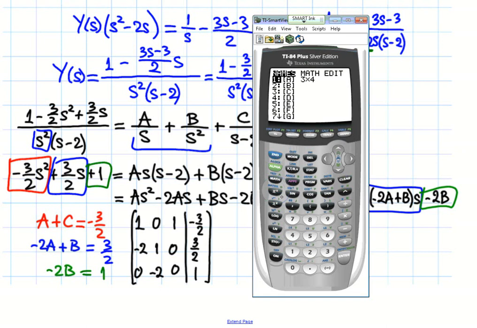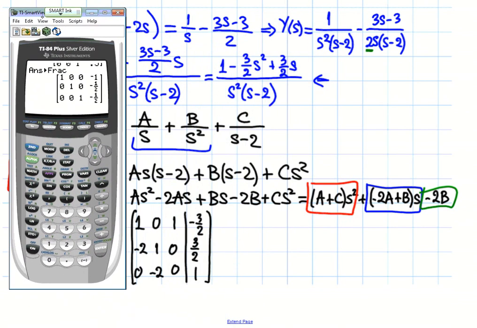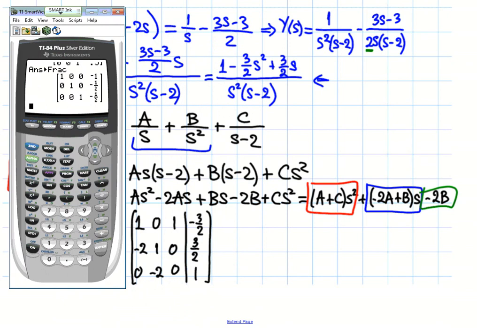Now second matrix again, go to reduced row echelon form and do that to matrix A. This is what we have. Let's convert that to fraction. So we have -1, -1/2, and -1/2.